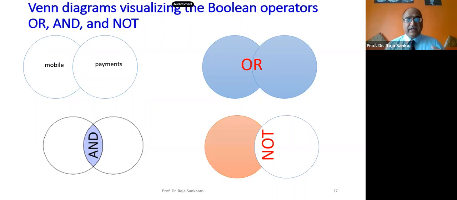And if it is a NOT, that means mobile, not payments, you could use this again. The shaded part here is only mobile, not payments. So you can fine-tune accordingly by using AND, OR, and NOT. That's the logic to be used.